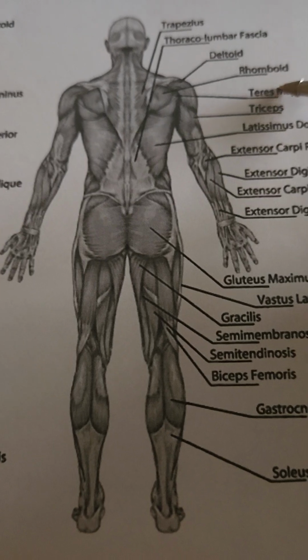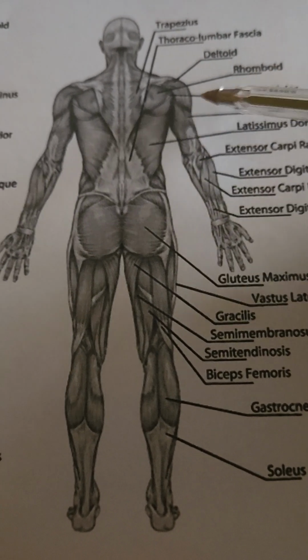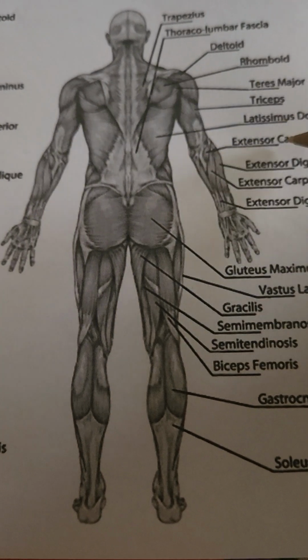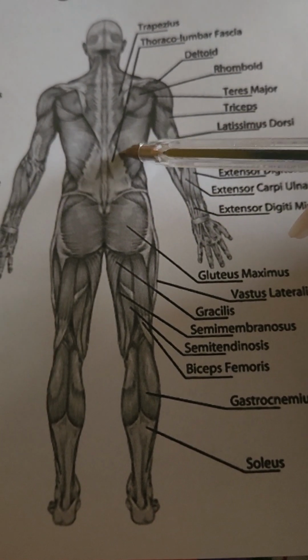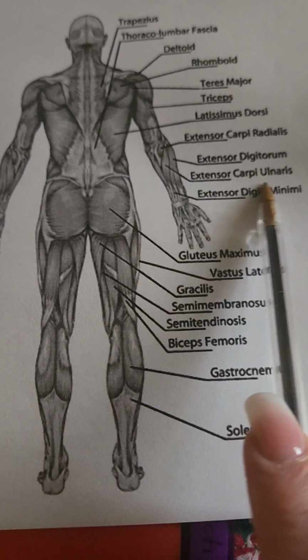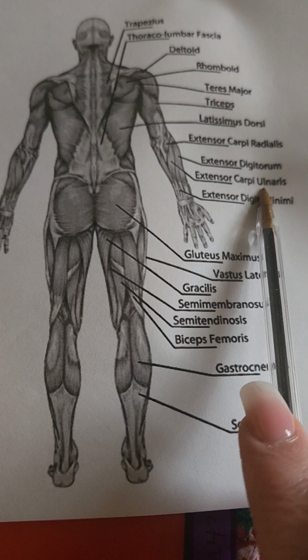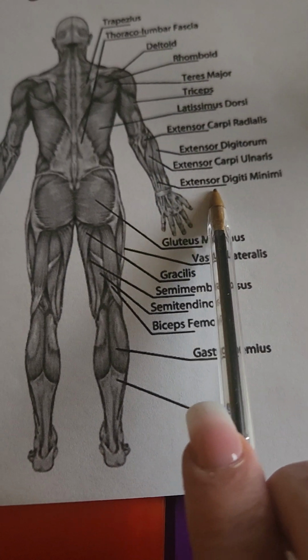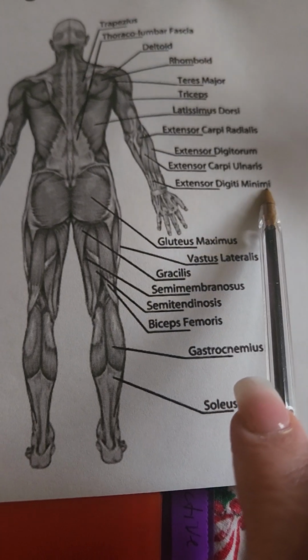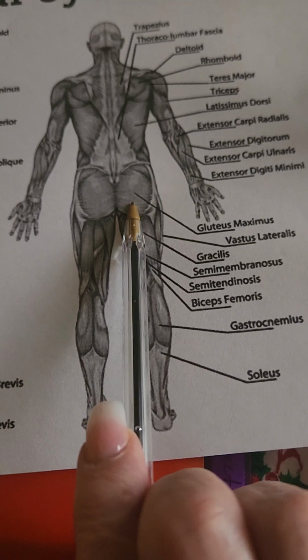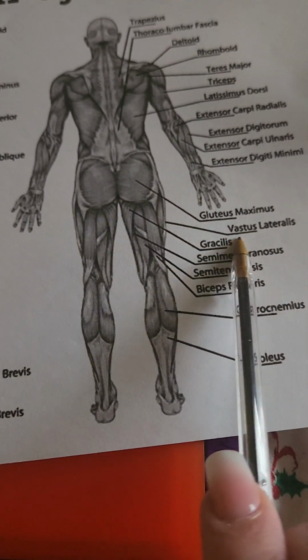Deltoid is here. Teres major. Tricep. Latissimus dorsi. Extensor digitorum. Extensor carpi ulnaris, which means close to your ulna. Extensor digiti minimi, close to the wrist. Gluteus maximus, those are your butt cheeks.